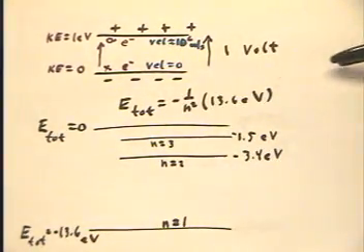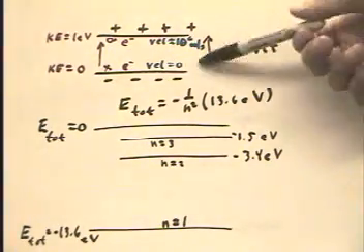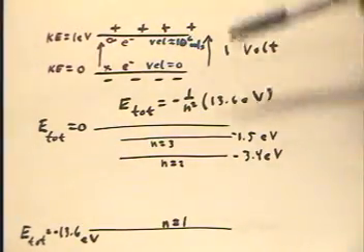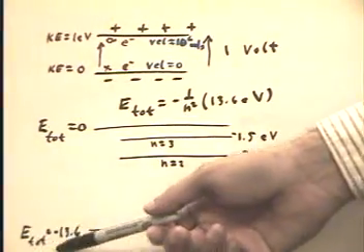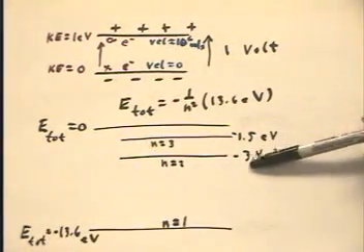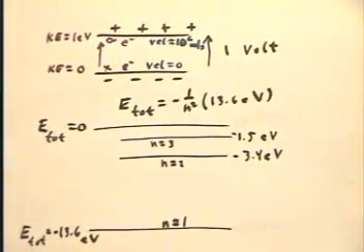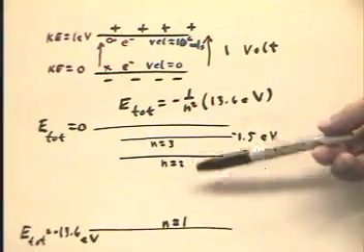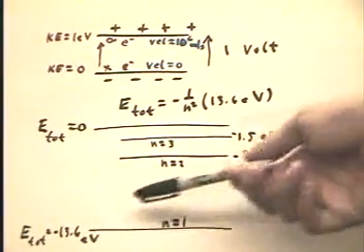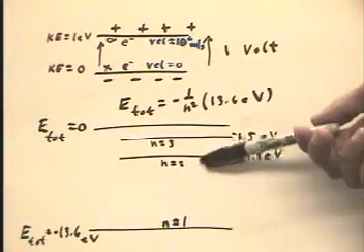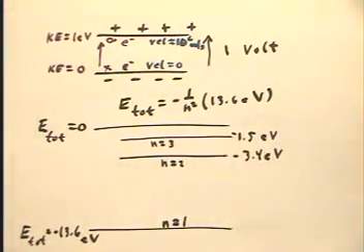The potential energy therefore increases considerably, and the kinetic energy decreases. But the increase in potential energy is greater than the decrease in kinetic, and we end up with an increase in energy from negative 13.6 to negative 3.4 electron volts. So to go from 1 to 2, we have to increase the energy of the electron by about 10.2 electron volts.